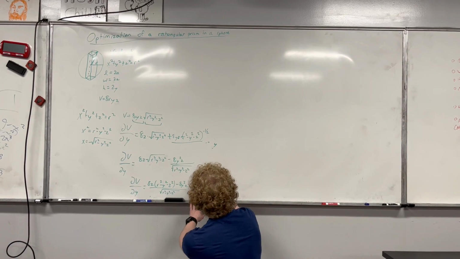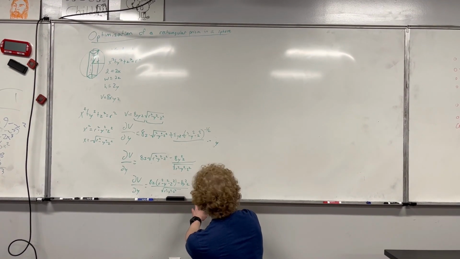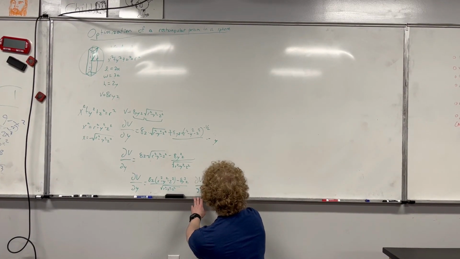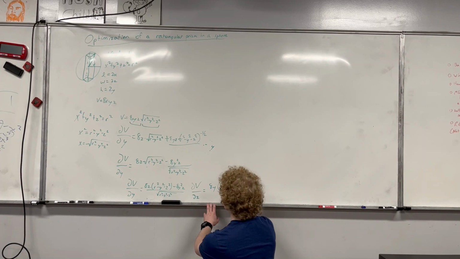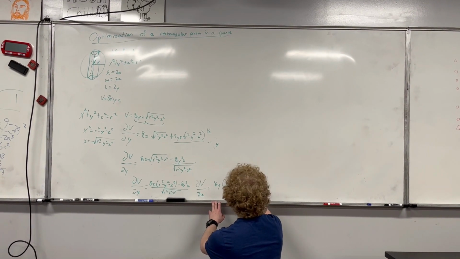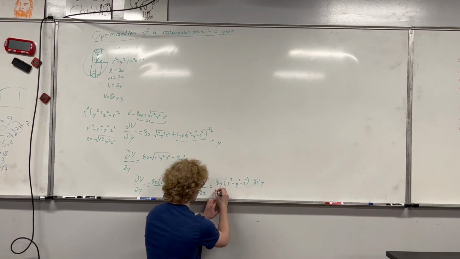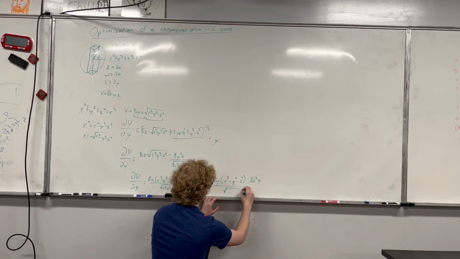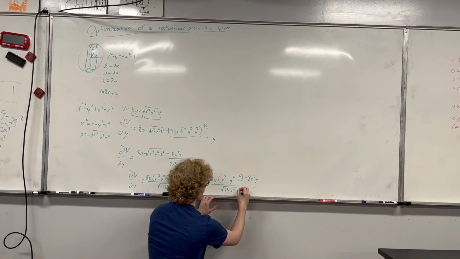So we get a new equation, which is the partial derivative of volume with respect to z, equivalent to 8y times r squared minus y squared minus z squared, minus 8z squared y, divided by the square root of r squared minus z squared minus y squared.